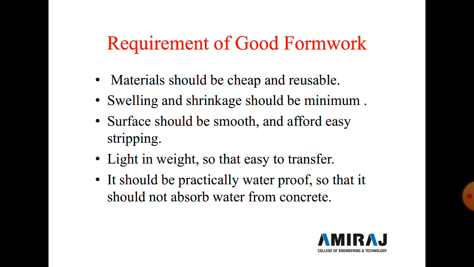When we remove the formwork, we get a smooth surface for the final finishing, so the final concrete work is in a smooth surface form. It should also be light in weight for easy transport. If your formwork is light in weight, it is easy to handle and easy to transport to any site or any construction site.